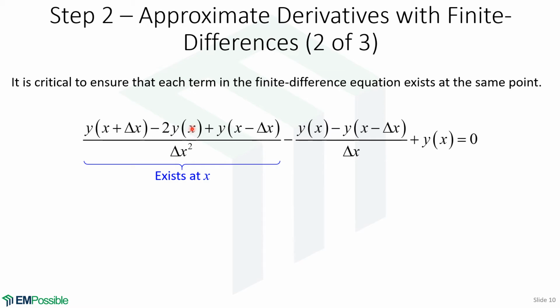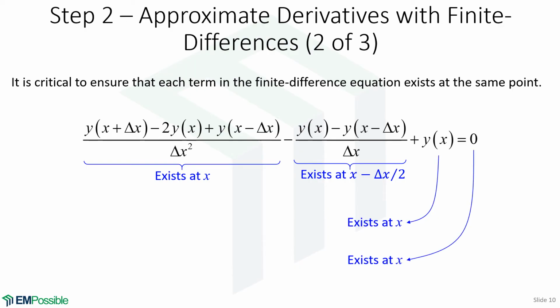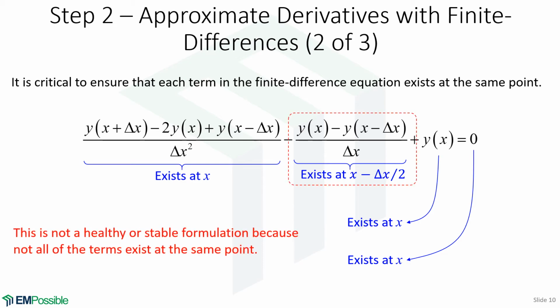Because this x is the center value of all of these numbers. And we recognize the form of this finite difference as calculating the second order derivative at the midpoint. Over here, interpreting this as a central finite difference, it will exist at the midpoint between x and x minus delta x. That means this term exists at x minus delta x over 2. And then the last term, well, of course, that exists at x, and the zeros we can just define to exist anywhere.